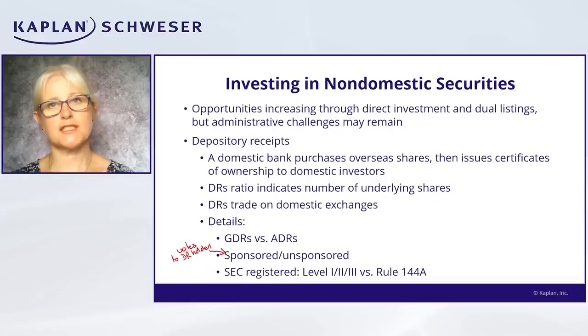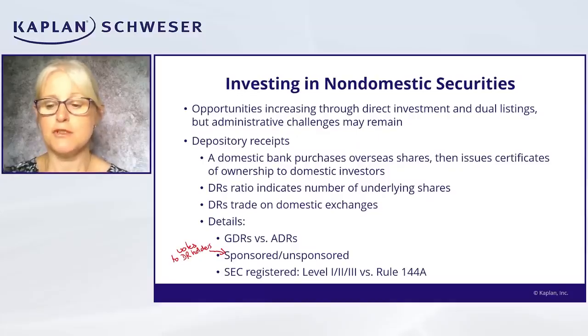Whereas unsponsored is kind of, it's happening without the involvement of the underlying company. Okay, so sponsored is getting a little bit closer to the overseas company. And then we're moving into the US regulation here. Remember, it is an international exam, so I don't expect them to push too heavily on this, but to be aware that you have got these 3 levels, okay?